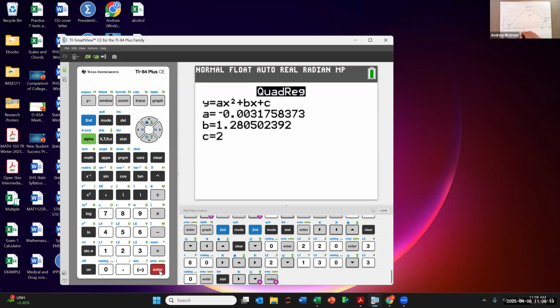So we know that it's now y equals negative 0.00318 x squared plus 1.28x plus 2.